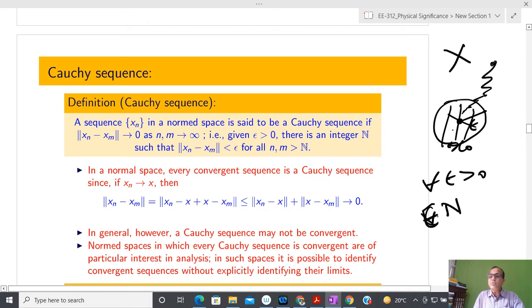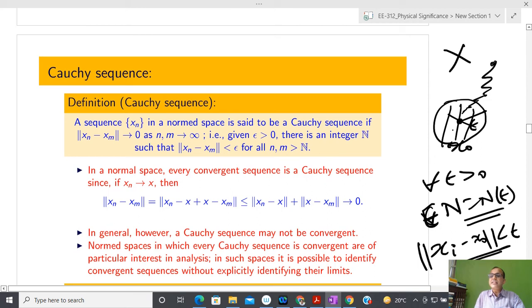There exists a natural number N, and I have to wait for this natural number N. Then all elements of the sequence xi, where x0 is the limit, satisfy this relationship. It means that after this number, all values of the sequence lie inside this region. That is the meaning. But in order to talk about convergence, I have to know the limit.